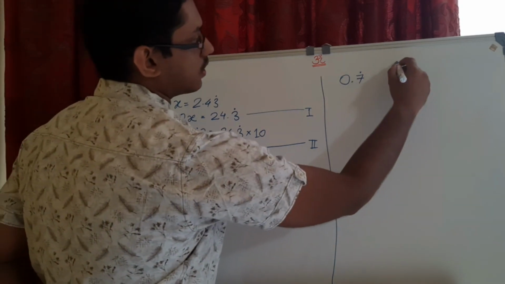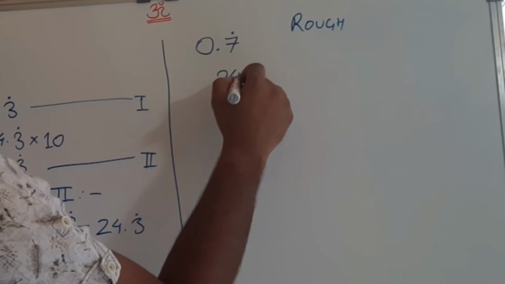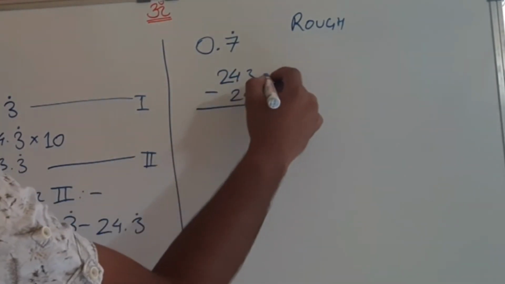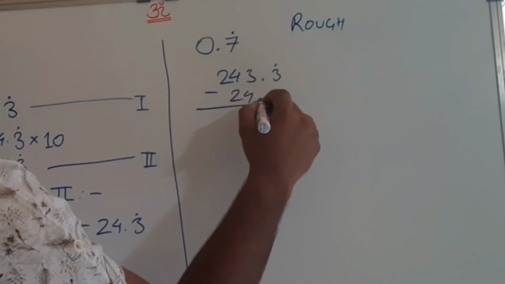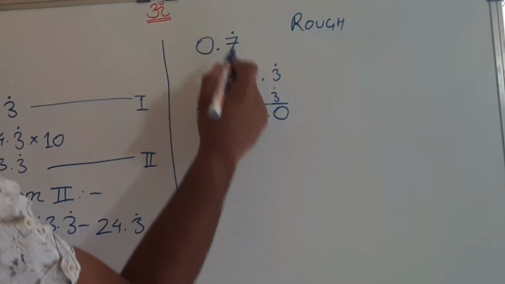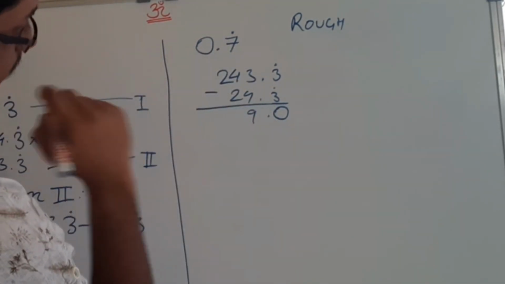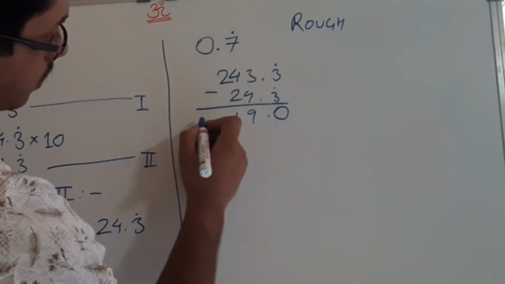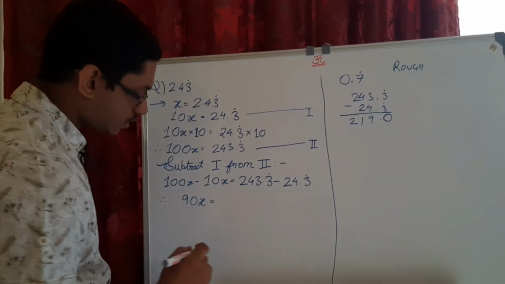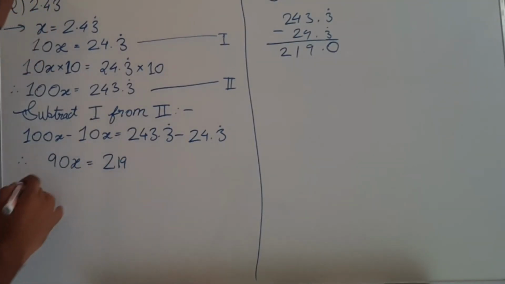This is the rough column. 243 minus 24, and 0.3 dot minus 0.3 dot cancels. So this is 9, this will be 1, this will be 2. All right, so the answer is 219 here.